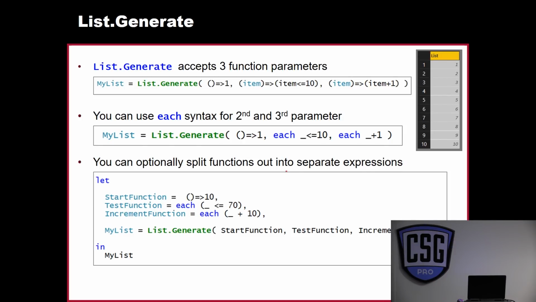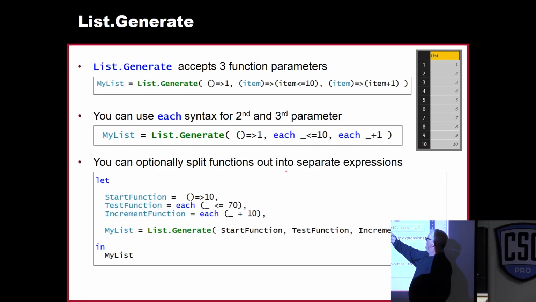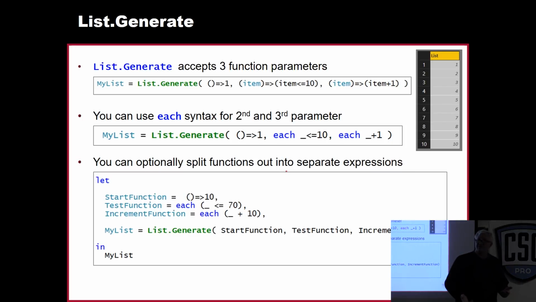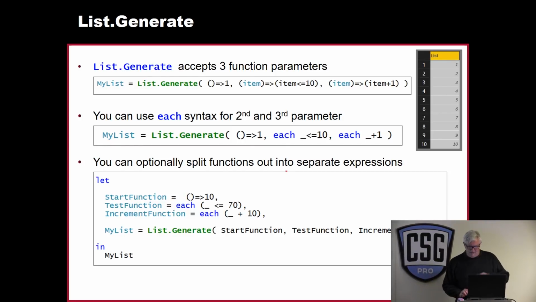You have a test function, to test where we should stop, and then you have an increment function. So the idea is that this says start at 1, keep going until your item reaches 10. We don't want to be over 10, and this basically says take the item and add 1 for the next one. But you can see that mathematicians could do all kinds of things. If you want to create the Fibonacci sequence or something like that, this would give you the ability to do that.